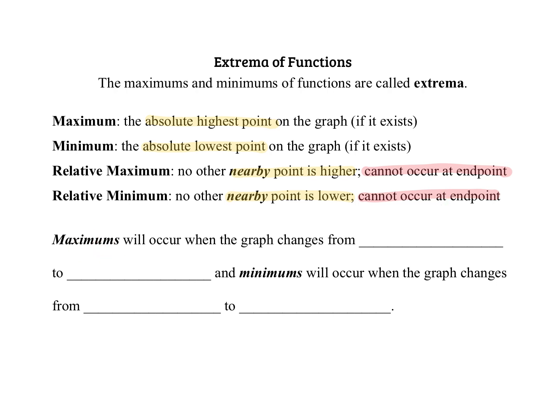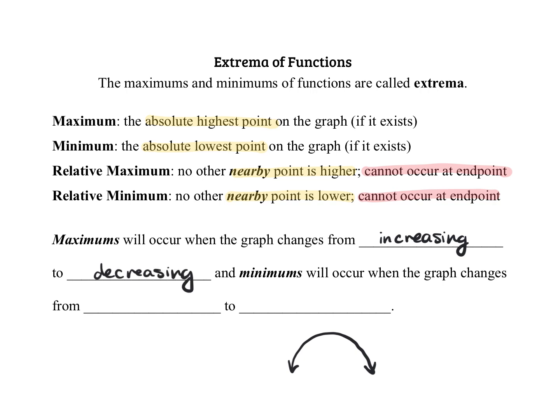And maximums will always occur, if you think about what a maximum looks like on a graph, it's something like this. So it's like the top of a hill, and that's always going to occur when a graph is changing from increasing to decreasing. So that's one thing we're going to be looking for.